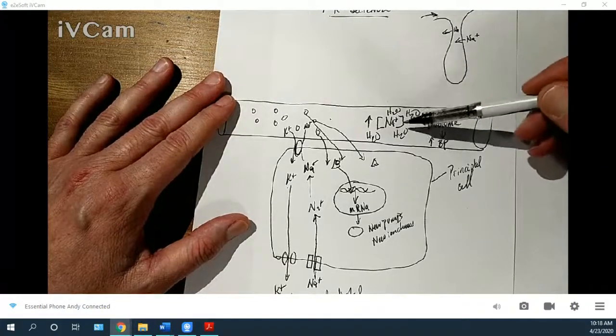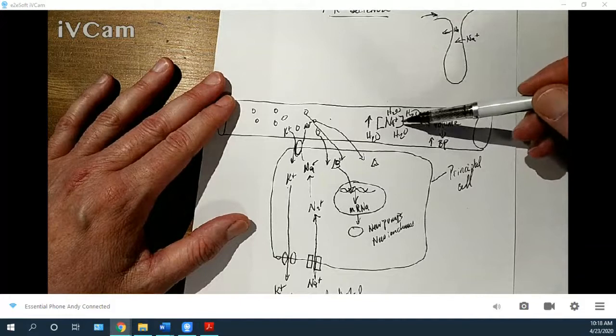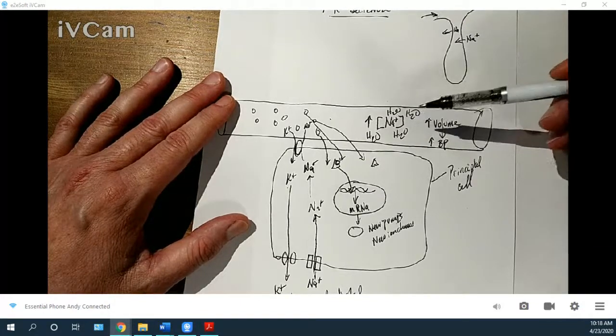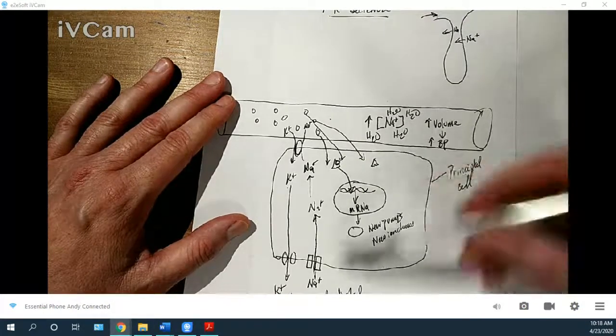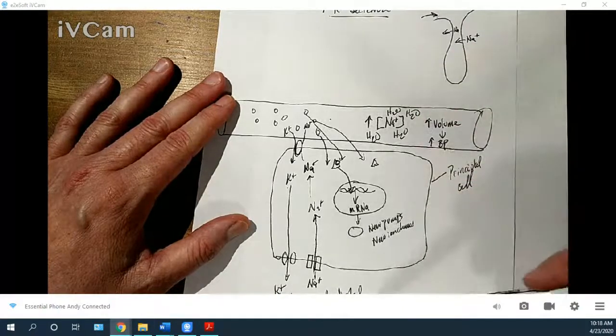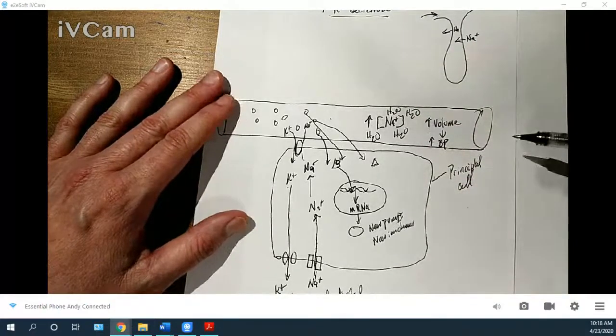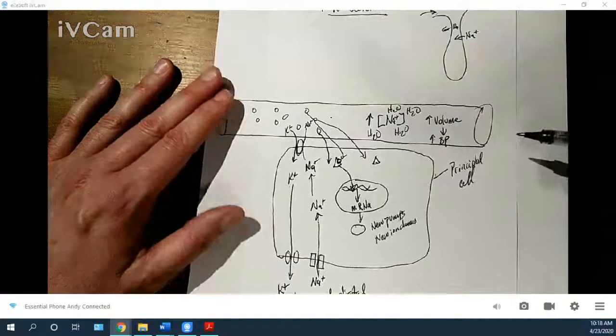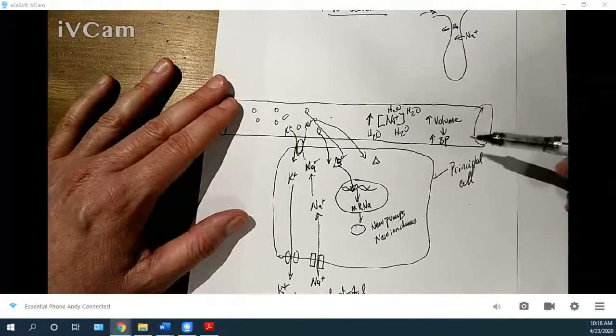ANP, the end result of it is to cause sodium excretion. So instead of it going this way, sodium is going to be in the cells and sent into the collecting ducts and concentrated as urine.